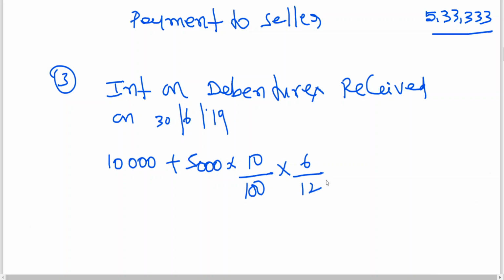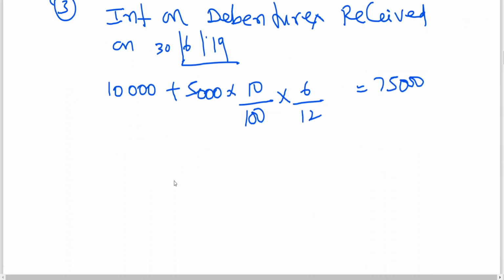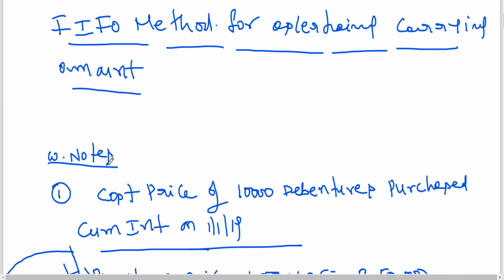So 15,000 into 100 into 10%, that is 75,000. This is the interest on debentures received on 30th June 2019, as on that date you are having these debentures. Then working notes number 4. So like this, you should start working out the problem.